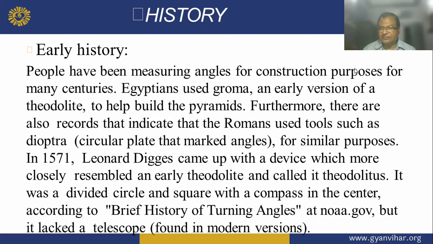Anybody has know about the pyramid? So people have been measuring angle for construction purposes for many centuries. Egyptians used chroma, an early version of the theodolite, to help build the pyramid.